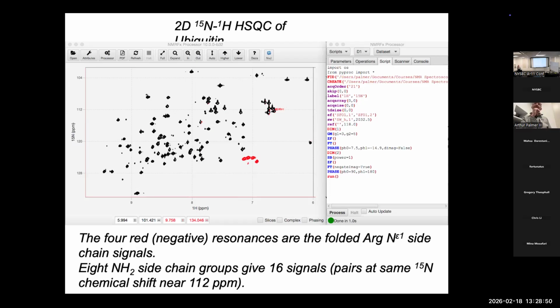What about the ND2s? So here, the big peaks are the NH2s. The little peaks are the NHDs. Where are the ND2s? There's no way for us to get a signal from them because we started with a proton pulse.